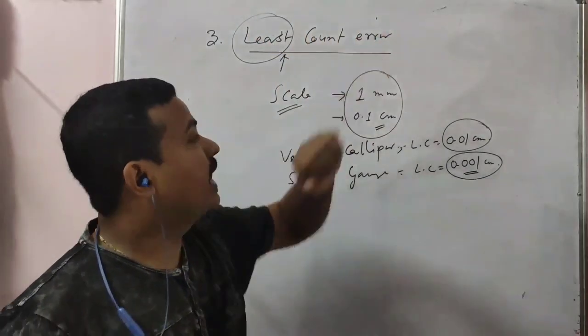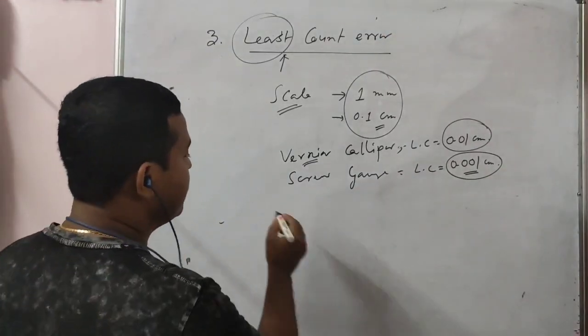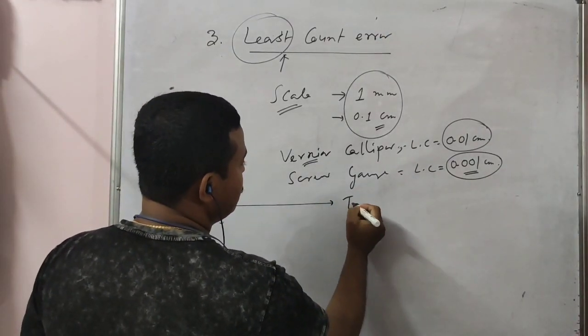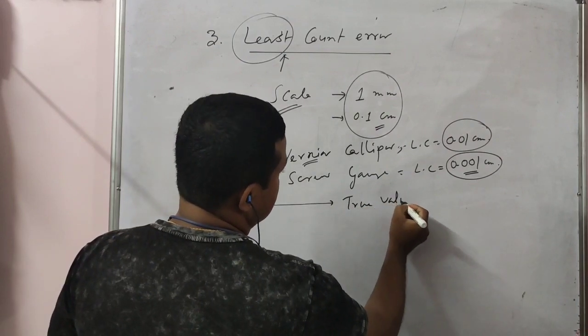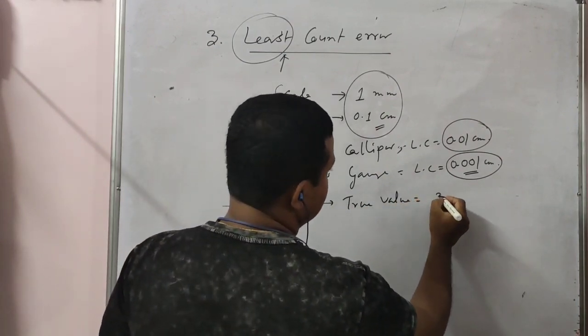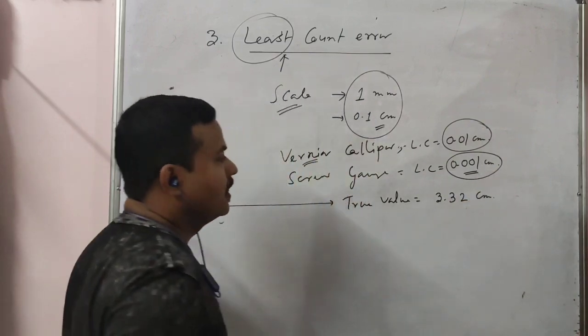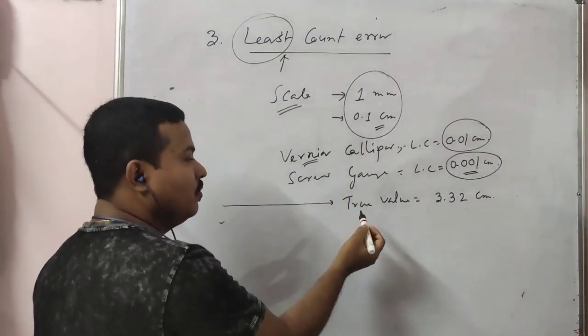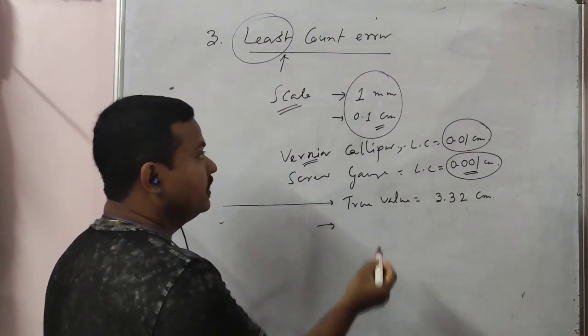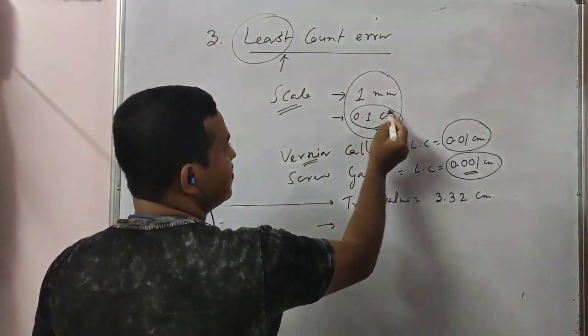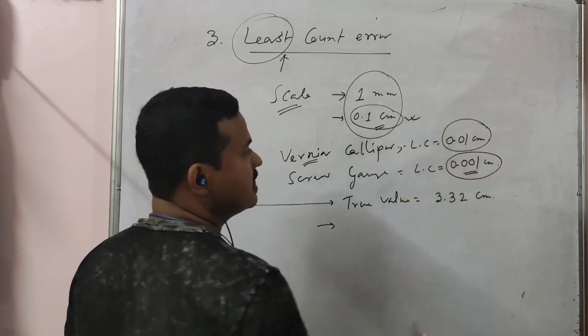Now what is least count error? Say for example, the true value of a certain length is 3.32 centimeter, but you are measuring with a scale whose least count is 0.1 centimeter.